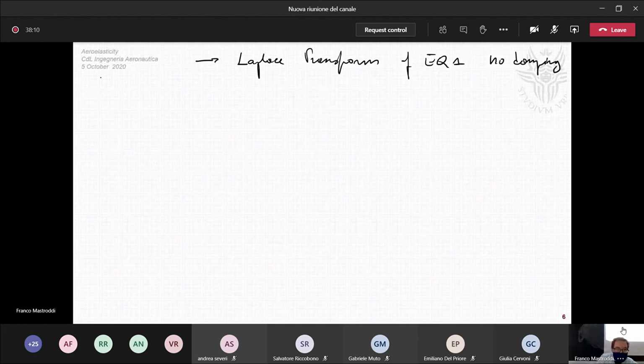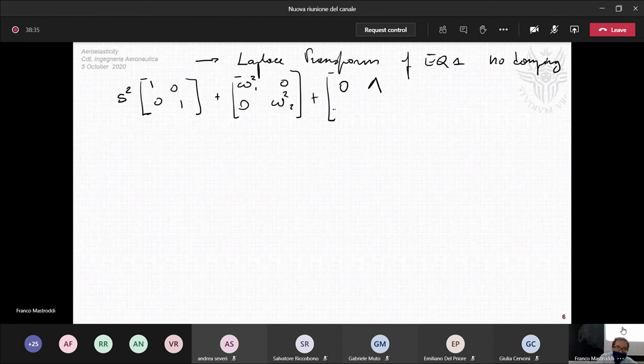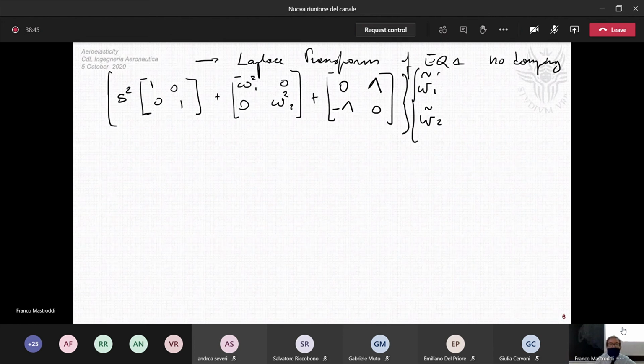We have S square plus omega square 1, 0, 0, omega square 2, plus 0 lambda, minus lambda 0, and this is applied to W tilde 1, W tilde 2, equal to 0.